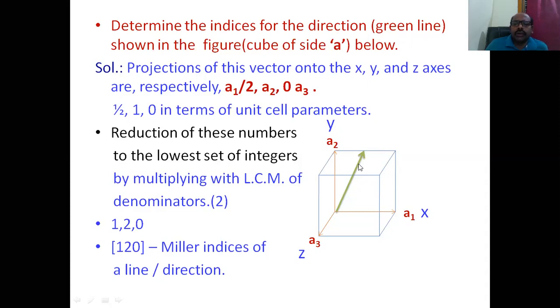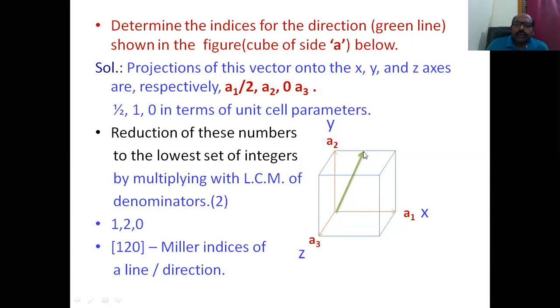So we have to see the projections of this vector along the crystallographic axes or lattice parameters. I am taking a1 along the x-axis, a2 along the y-axis, and a3 along the z-axis. It is purely in the xy plane, so its z component is 0.